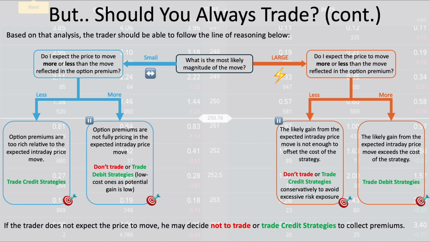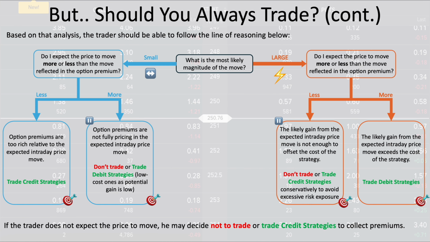Based on the analysis of all these factors, the trader should be able to follow this line of reasoning, asking himself: what is the most likely magnitude of the move? If it's a large move, the trader then should ask himself, do I expect the price to move more or less than the move reflected in the option premium or by the implied volatility?